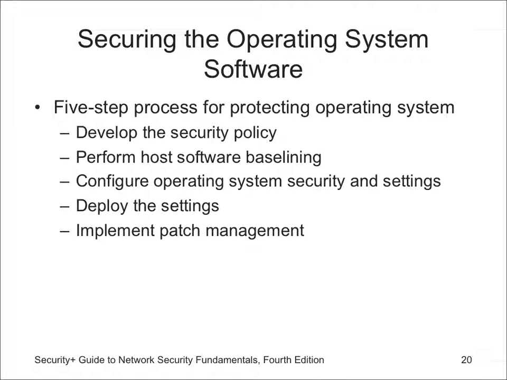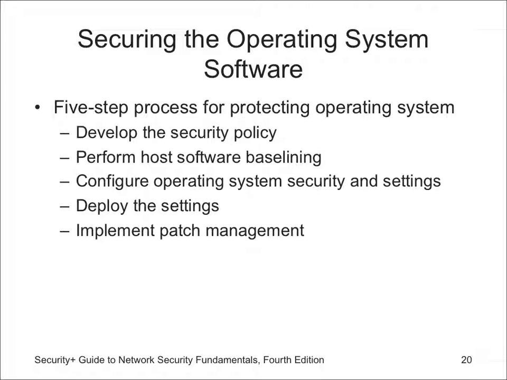5-step process to securing an OS. We talked about this in the quiz. Security policy is a must. Host software baselining, making sure on that operating system what the baseline is, as far as what's needed for antivirus, hard drive, memory, programs, configuring SQL, configuring any application that might be on there.